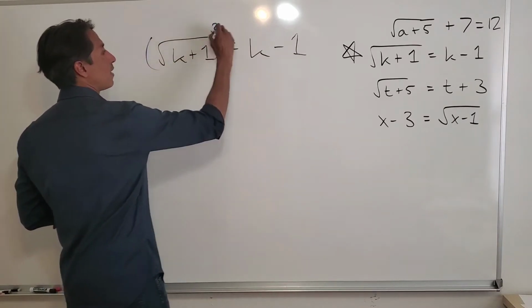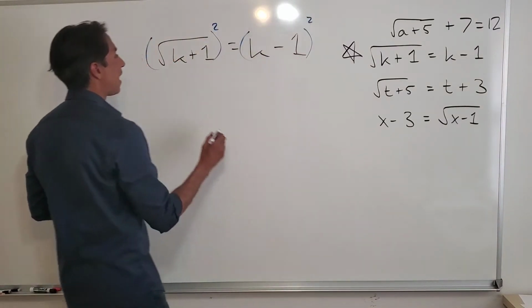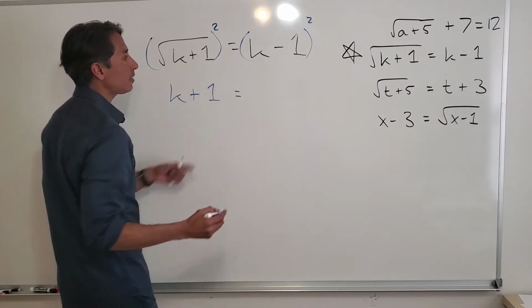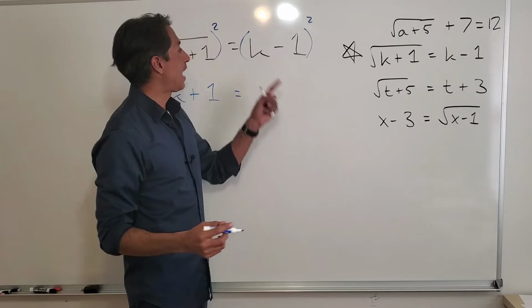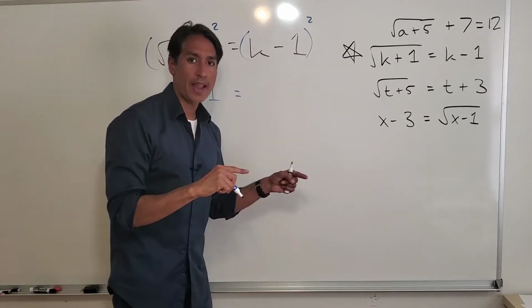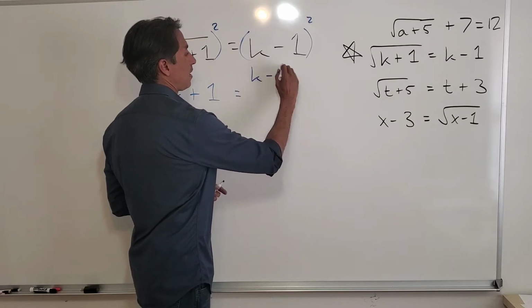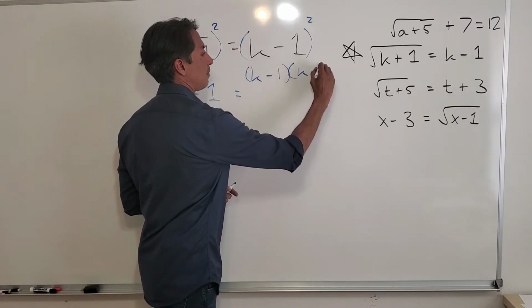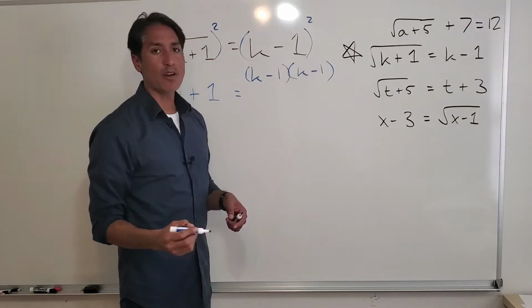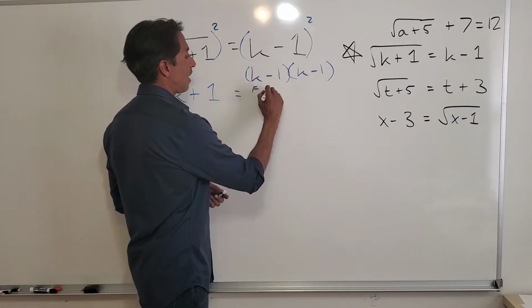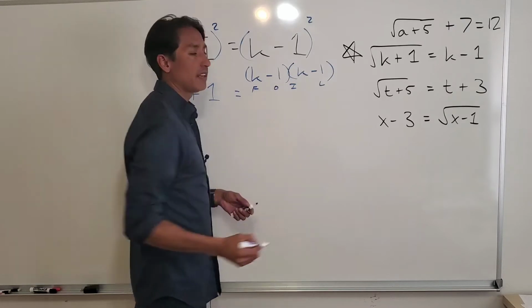So I'm going to square this and square that. These guys are going to cancel and I end up with k plus 1. This guy's a little bit different. I have k minus 1 squared, which is the same thing as k minus 1 times k minus 1. Now, depending on how good you are with these, I would say write it out and FOIL it.